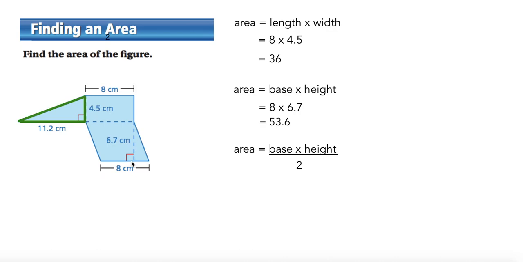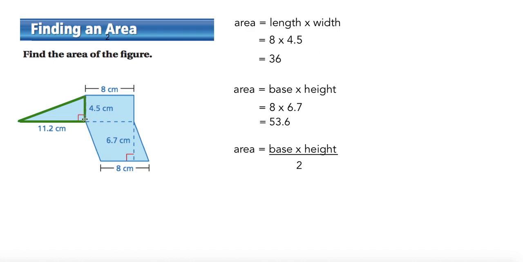Now let's try our triangle. So we are using our formula area equals base times height divided by 2. My base is going to be different from the base and the height that we used previously. So looking at my shape, I see that my base is 11.2 and my height is 4.5.